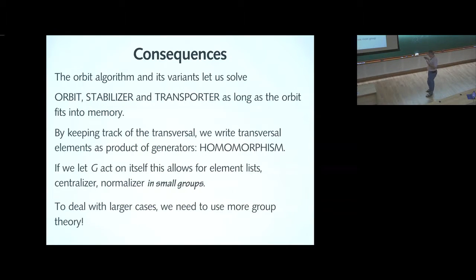If we let a group act on its own elements by conjugation or on its subgroups, we can do centralizer, normalizer, but just in small groups because the orbit is worked out. If the groups get larger, this will not do alone, but more work is needed.